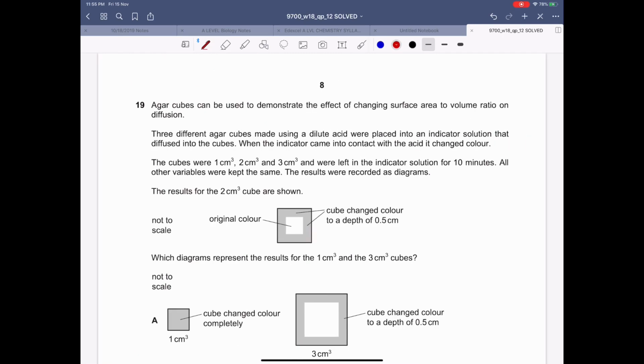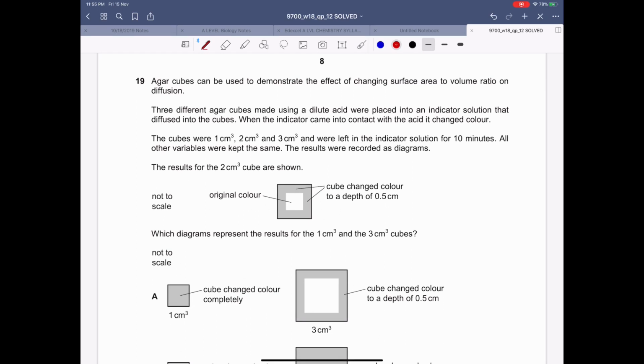Agar cubes can be used to demonstrate the effect of changing surface area to volume ratio on diffusion. 3 different agar cubes made using a dilute acid were placed into an indicator solution that diffused into the cubes. When the indicator came into contact with the acid, it changed color.